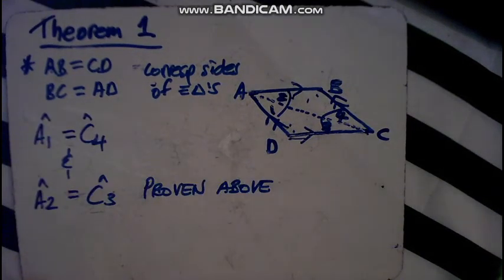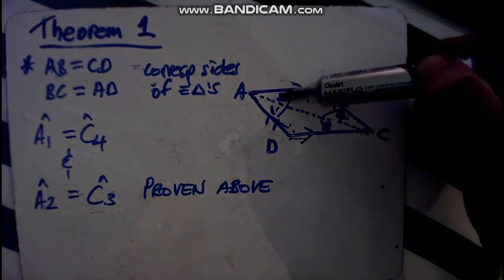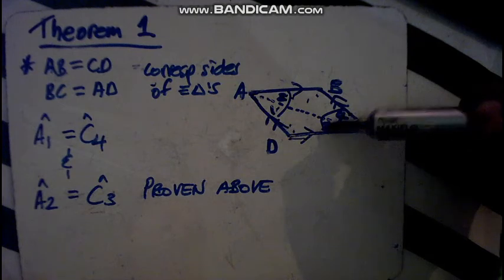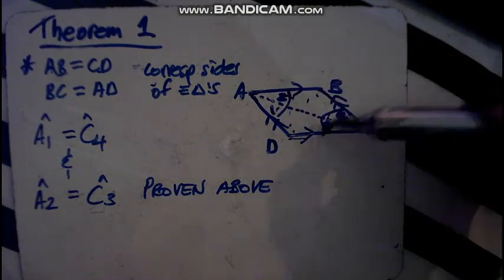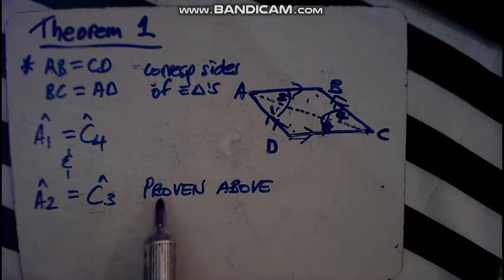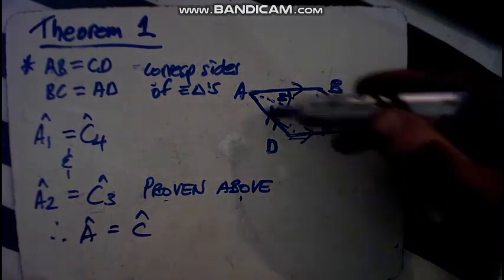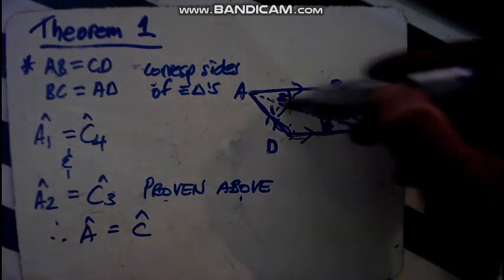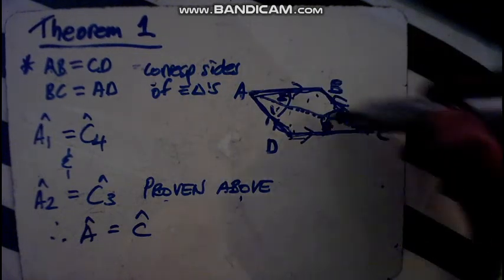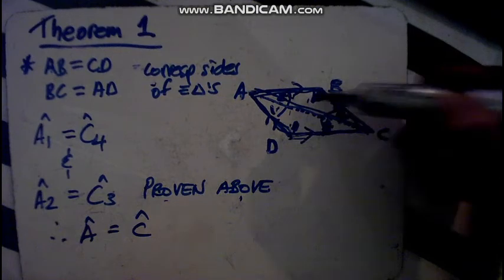Notice that A1 was equal to C4, and A2 is equal to C3, so that means all of this is equal to all of that. And we proved that above. So our reason is proven above. Therefore, angle A is equal to angle C. Now, if this triangle is congruent to that triangle, that means this angle will fit perfectly on that angle.